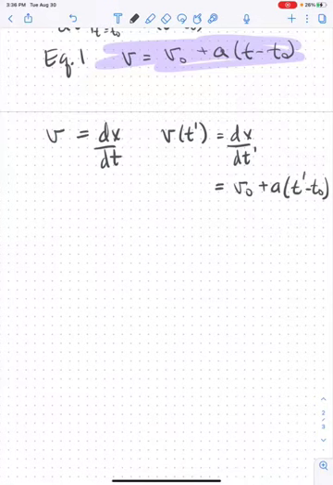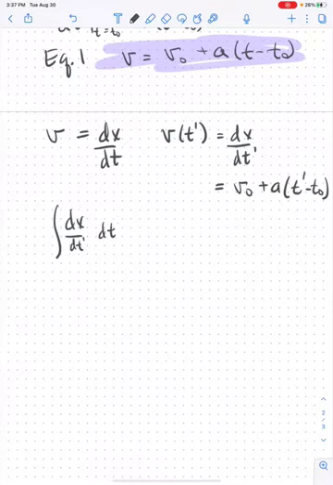And we are going to do the same thing that we did before. So we are going to integrate dx dt prime from t naught to t.